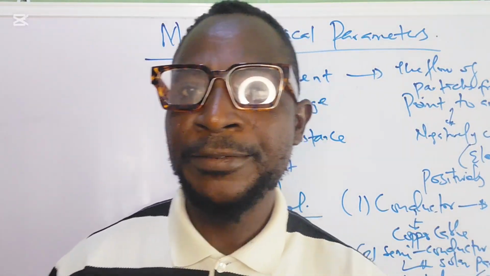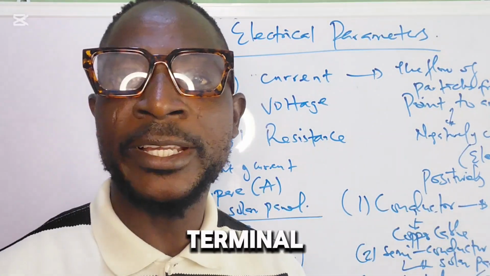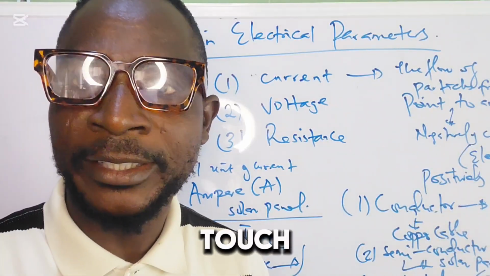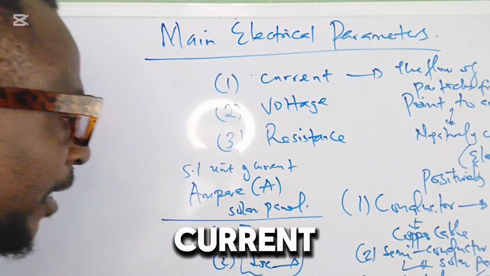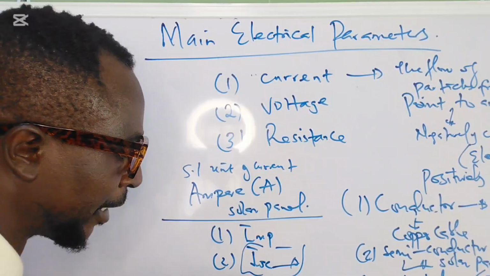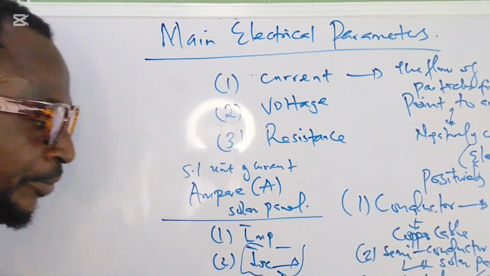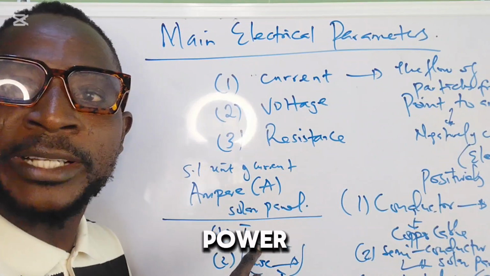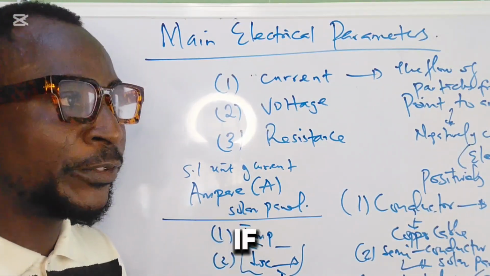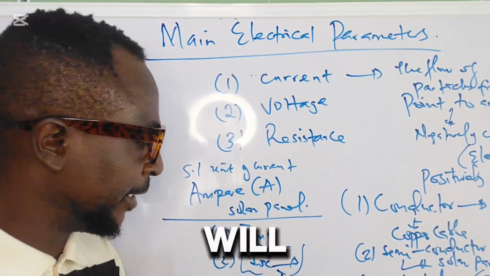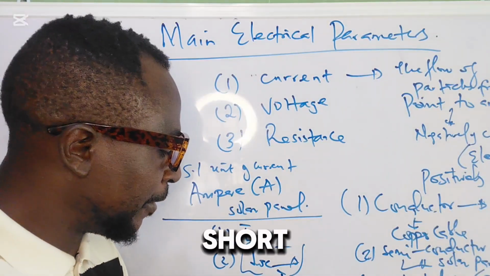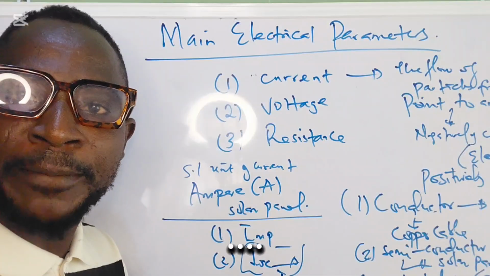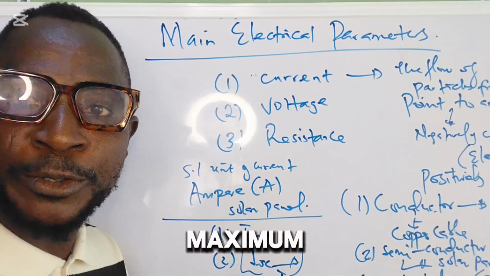You know, if your positive terminal and your negative terminal mistakenly touch each other, the current that flows is what we call short circuit current, ISC. The current is always higher than the current at maximum power. So if you check your solar panel nameplate, you will see that your short circuit current value is always higher than your maximum power current.